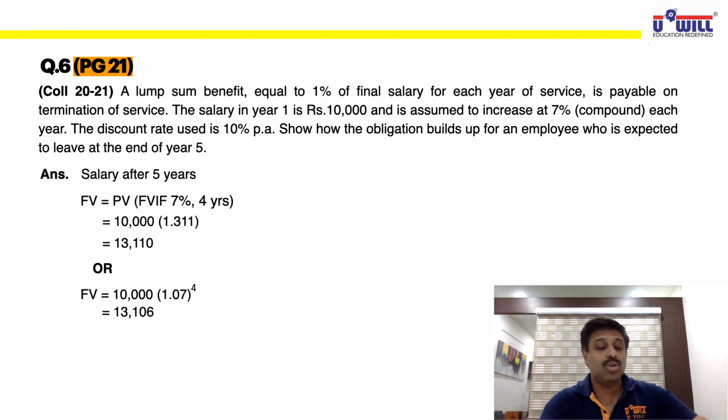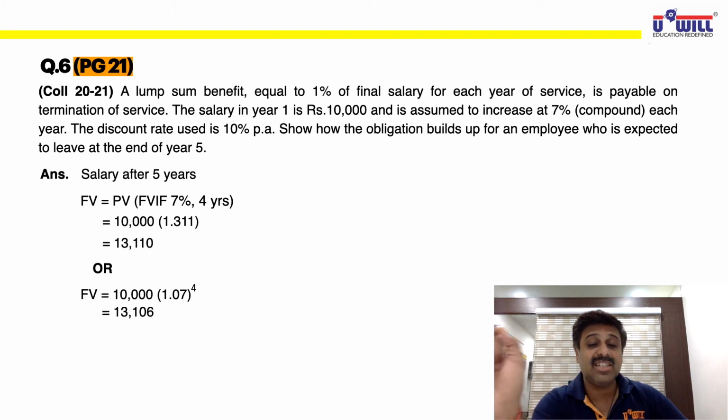Okay, you can also do it as 10,000 into 1.07 second year salary, again into 1.07 third year salary, again into 1.07 fourth year salary, again into 1.07 fifth year salary. You get 13107.96, means 13108. Here I have calculated 13106.